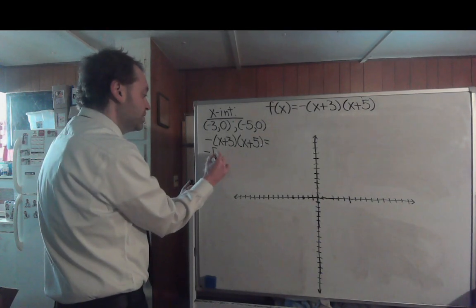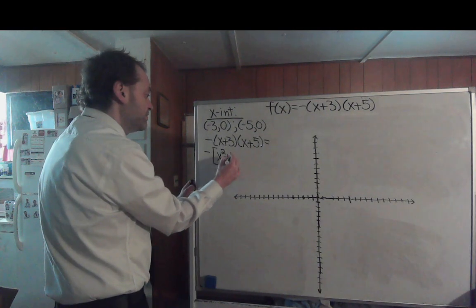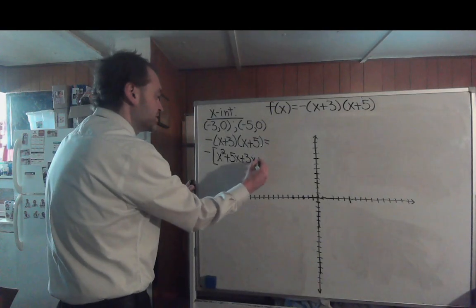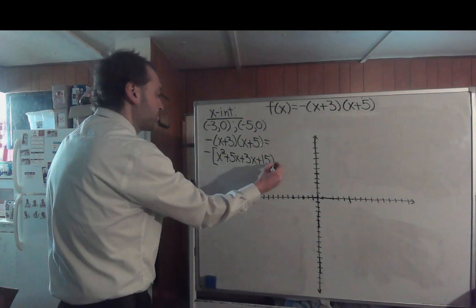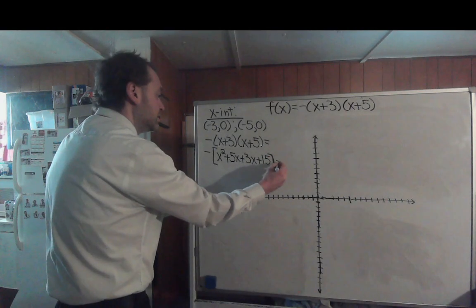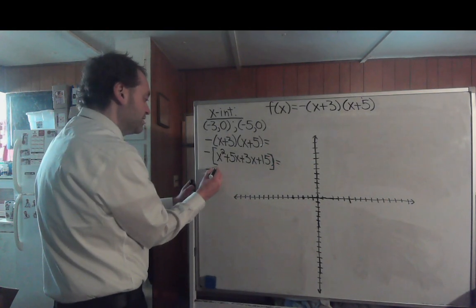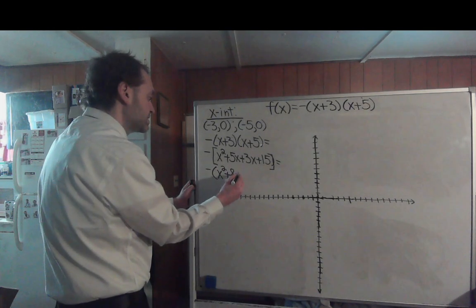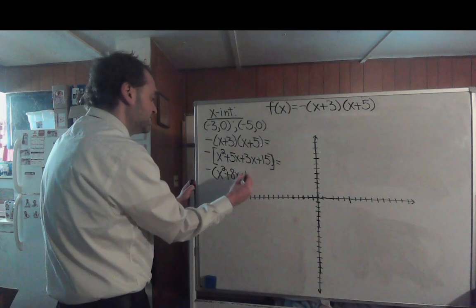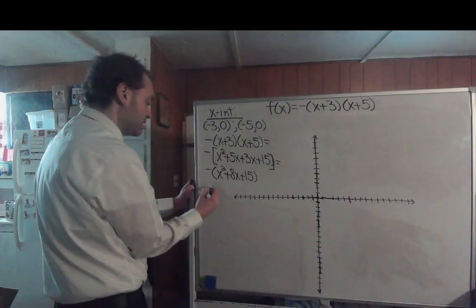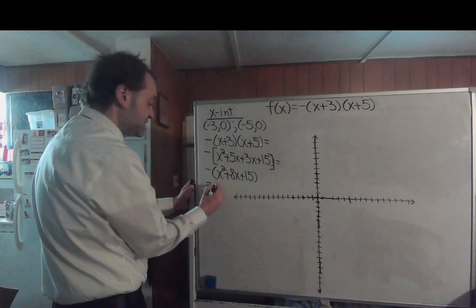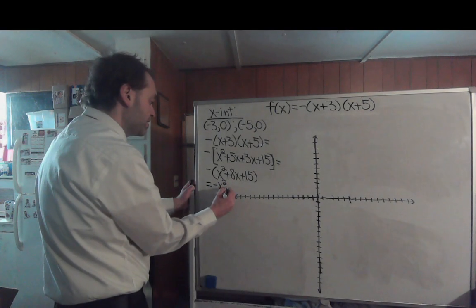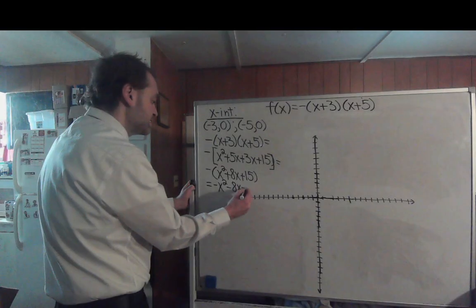You'll get x squared plus 5x plus 3x plus 15, which would give you the negative of x squared plus 8x plus 15. So to end up in standard form, you would end up with negative x squared minus 8x minus 15.